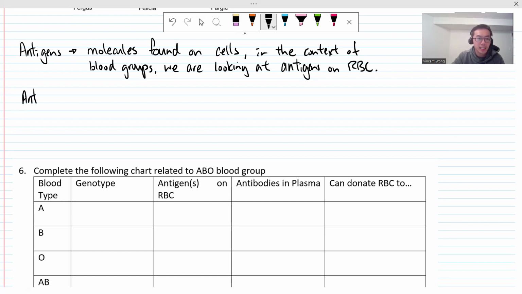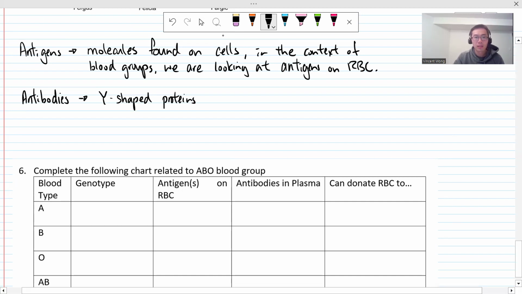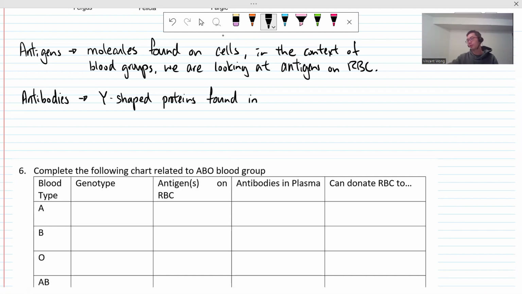And then there are antibodies. Antibodies are Y-shaped proteins found in which portion of the blood? Does anybody remember from almost 2 hours ago now? B cell, yeah, okay, the B cell makes them.